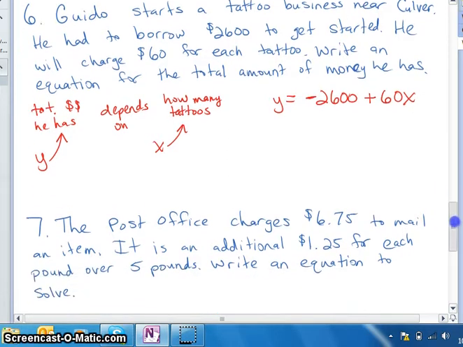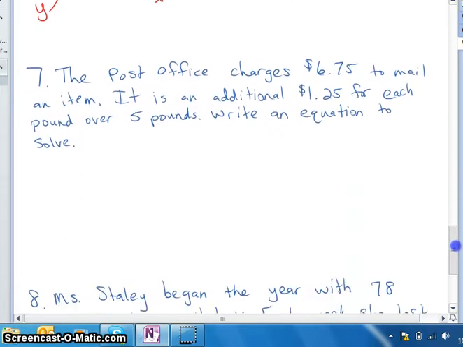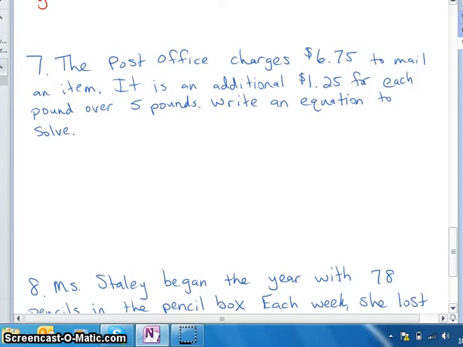Okay, what about this one? Post office charges $6.75 to mail an item. It's an additional $1.25 for each pound over 5 pounds. So this one's kind of tricky. Hopefully you're recognizing that the total that you are going to have to pay depends on how heavy, right?